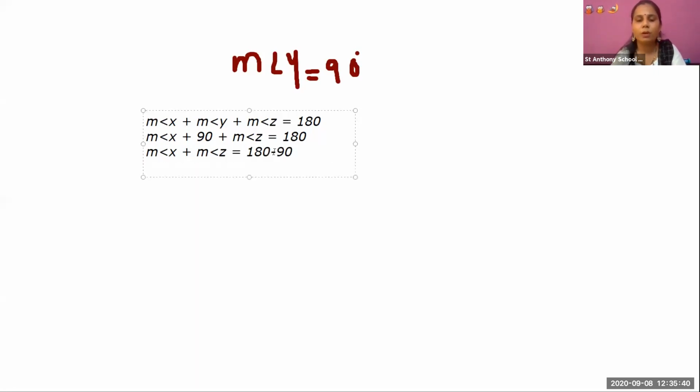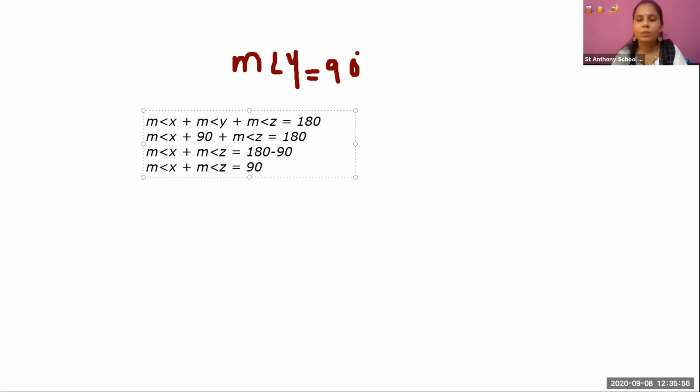So therefore the measure of angle X plus the measure of angle Z is equal to 180 minus 90, which is equal to what? 90.